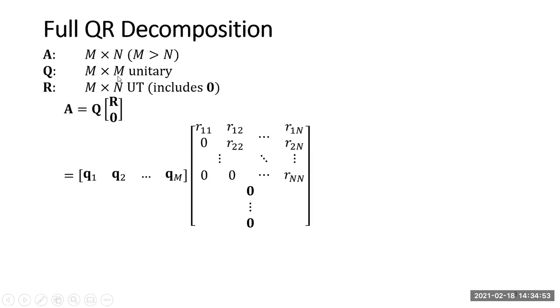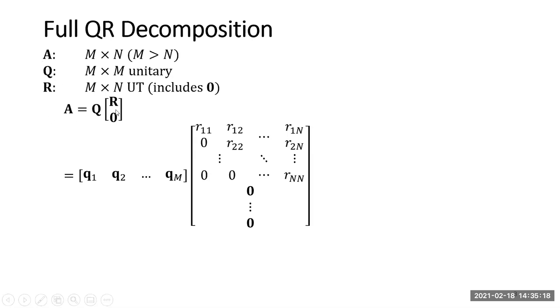Q is an M by M unitary matrix. You know what a unitary matrix is? All its columns are mutually orthogonal, and the columns are also unit vectors. That's what makes Q a unitary matrix. And one of the important properties of a unitary matrix is that its transpose is equal to its inverse.